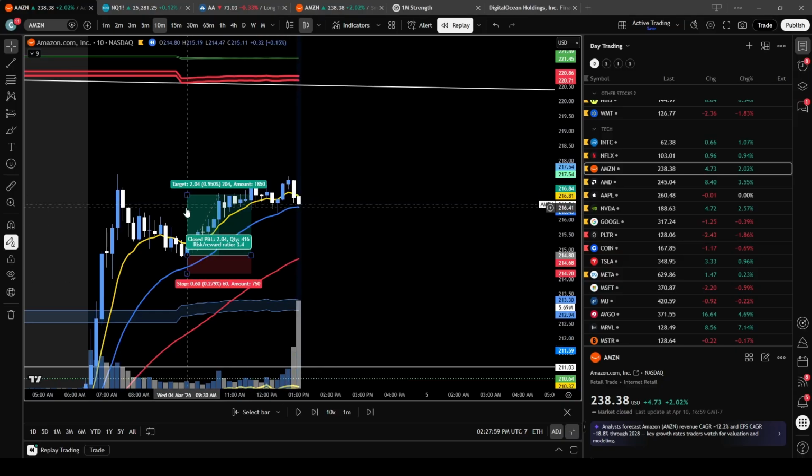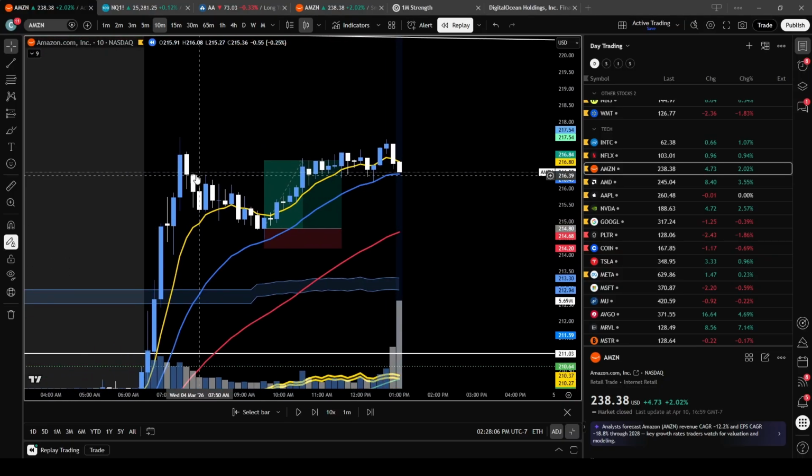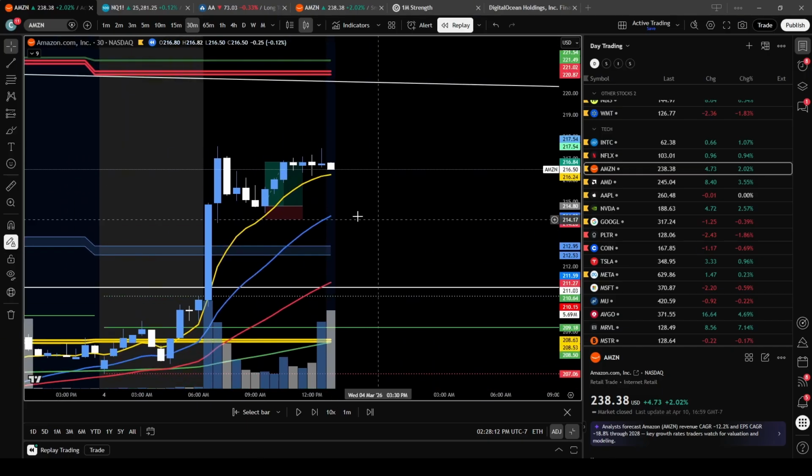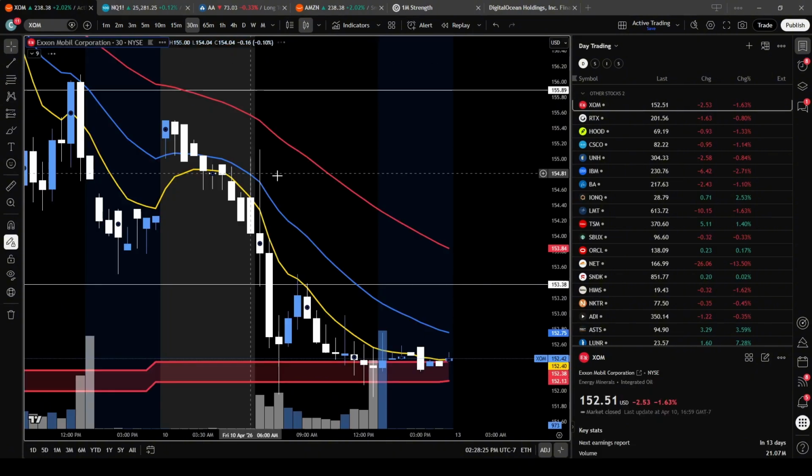And then up here, it's 200%. But yeah, you guys see how the price action's super clean. Nice consolidation down to the 20 EMA. And then you also get the consolidation on the 30-minute.